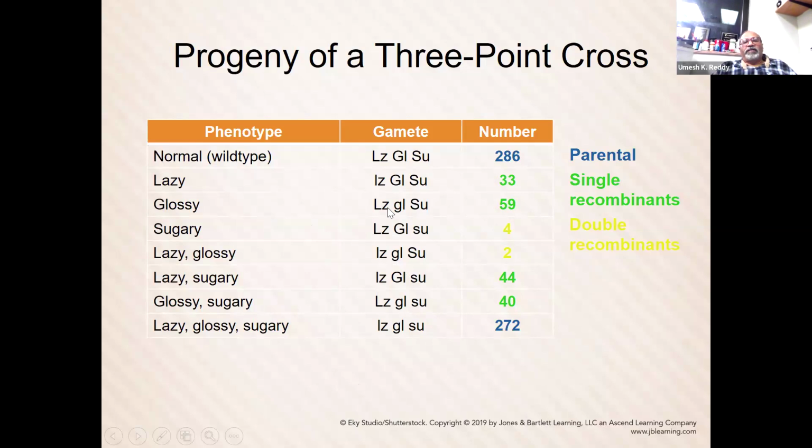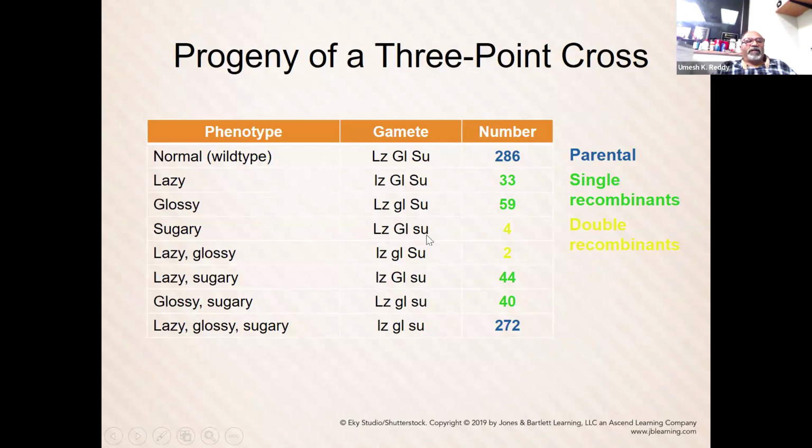Here is glassy, that means GL alone is in the center. Okay, so you have lazy, sugary, or normal. That means something middle one should have been swapped here. But here it is lazy, glassy is fine.